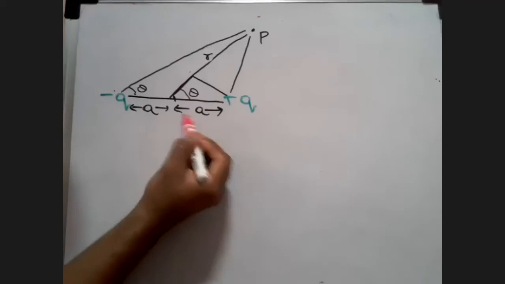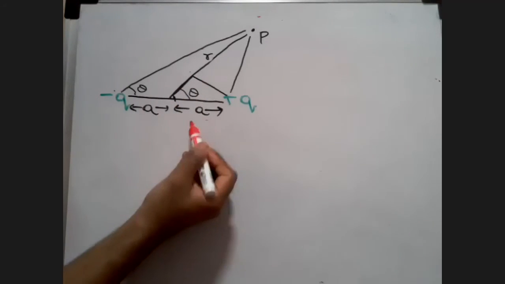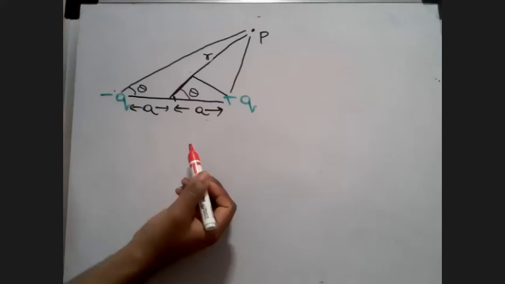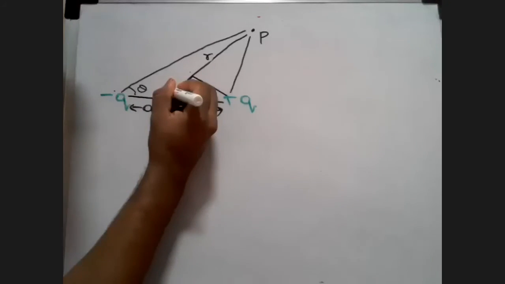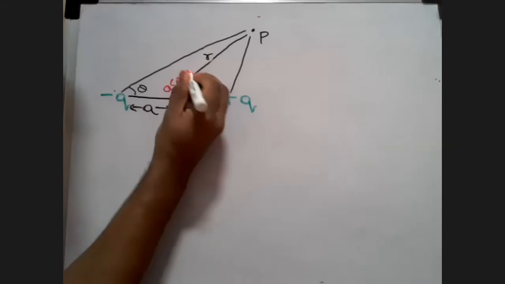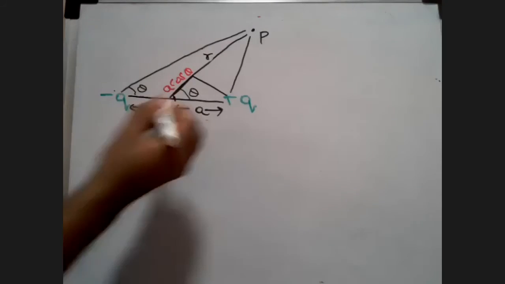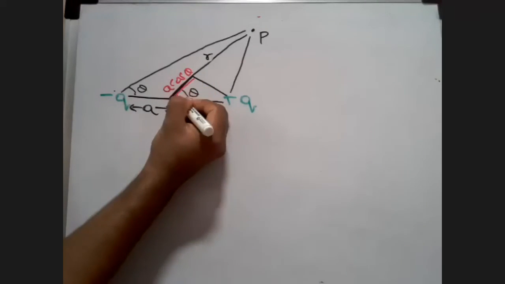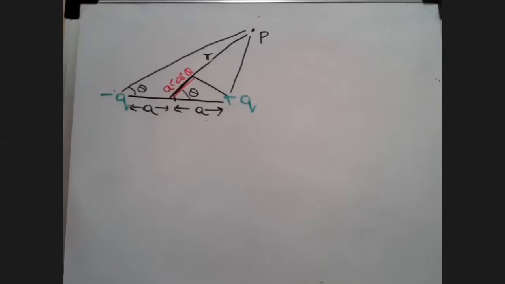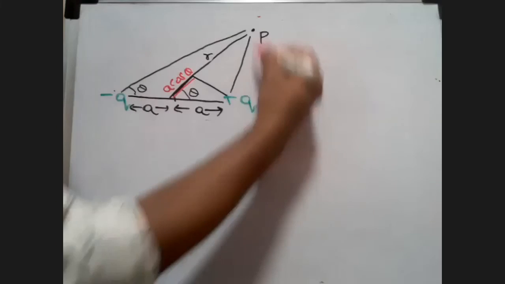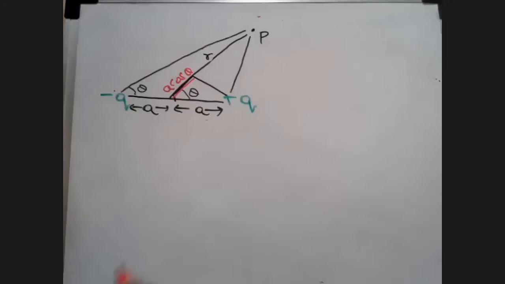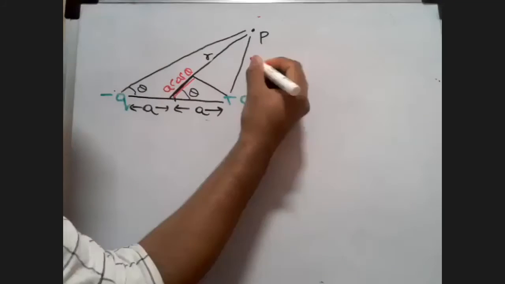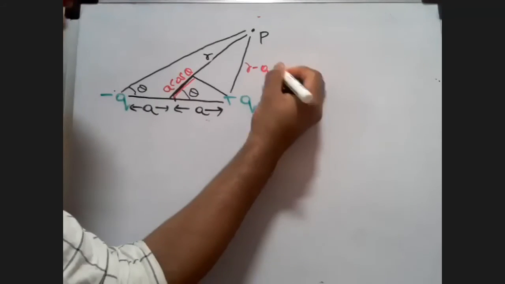It will be a cos theta. So this distance is a cos theta, and now this becomes R minus a cos theta.